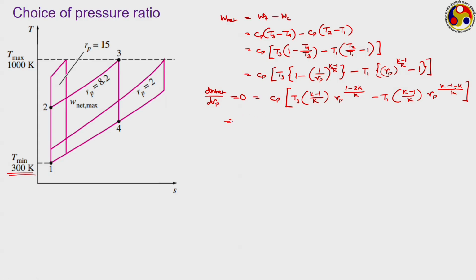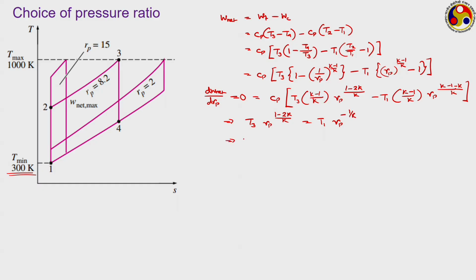If we take Cp and k minus 1 upon k outside, then that goes off. So, we have T3 into Rp to the power 1 minus 2k upon k equal to T1 into Rp to the power minus 1 upon k.